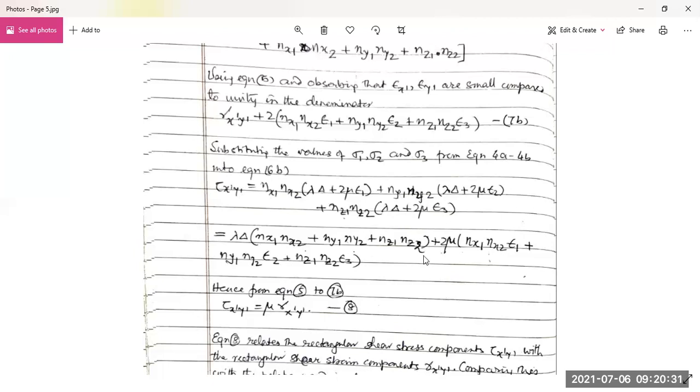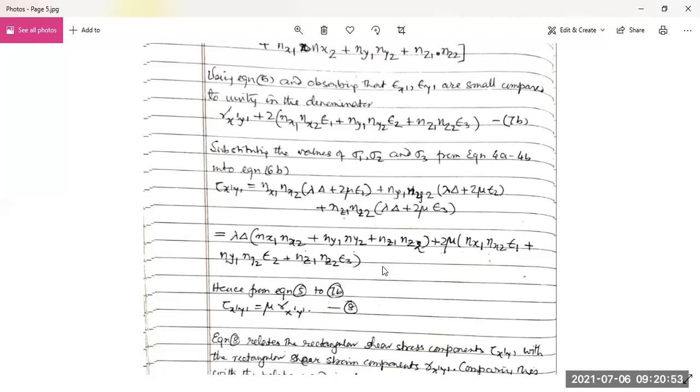And if we simplify the matter again, we will find lambda into delta multiplied by this portion, plus 2 into mu times nx1 nx2 epsilon 1, ny1 ny2 epsilon 2, plus nz1 nz2 epsilon 3 itself.